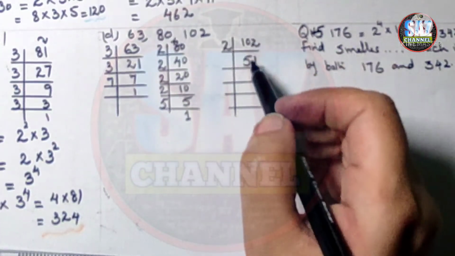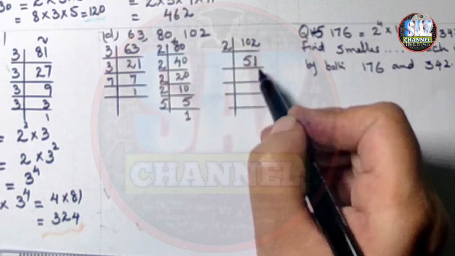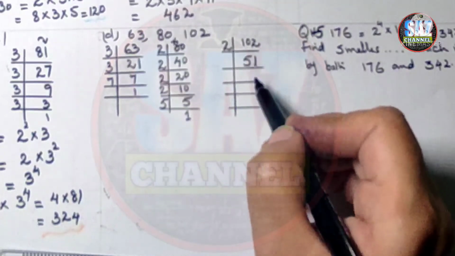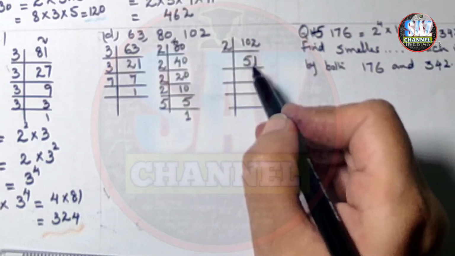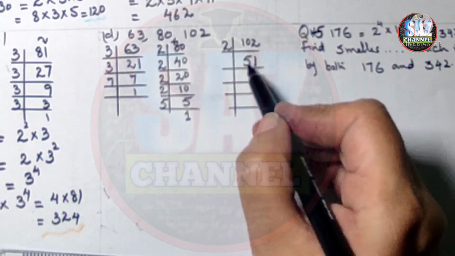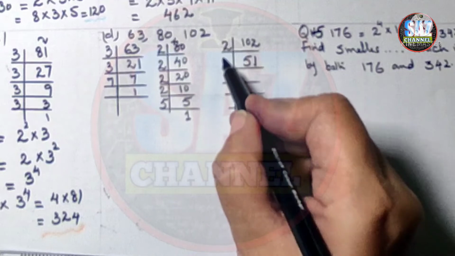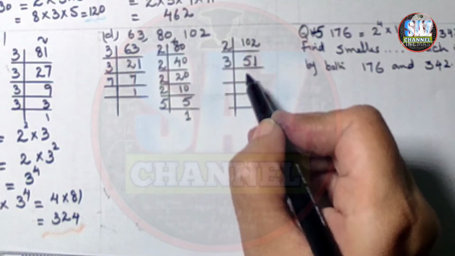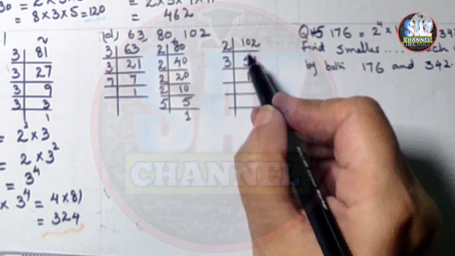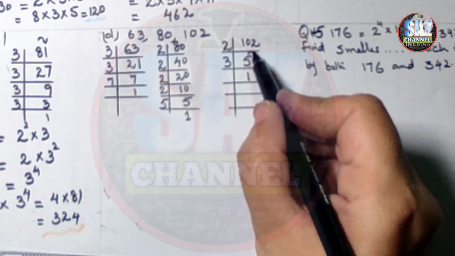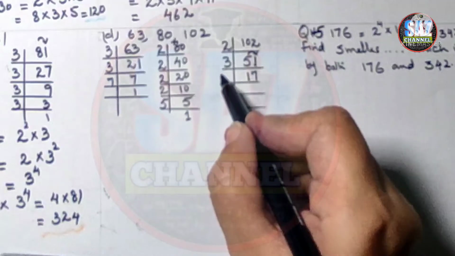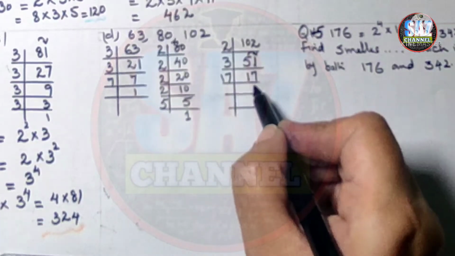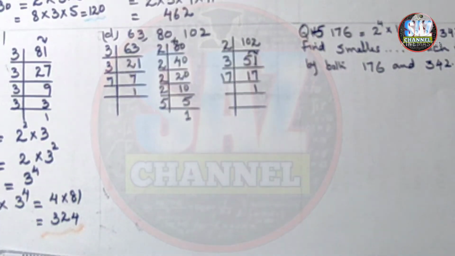Okay, and then as the unit digit is odd, it's not even, it's not a multiple of 2, so I cannot go with table of 2. Then 5 plus 1 is 6. We can divide 6 easily by 3, so table of 3 is suitable. 3 17s are 51, and 17 is an odd number, a prime number. It doesn't have any other factor.